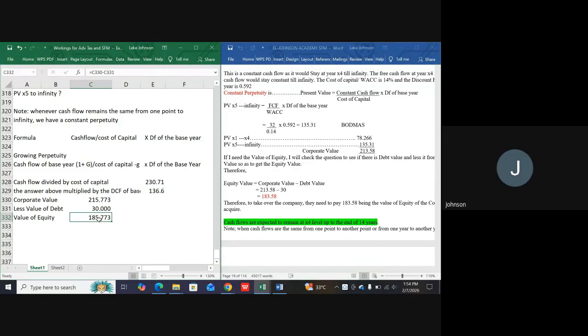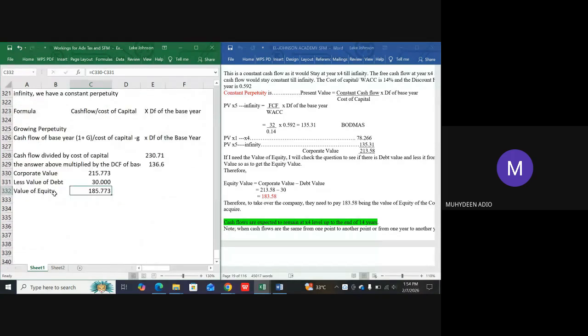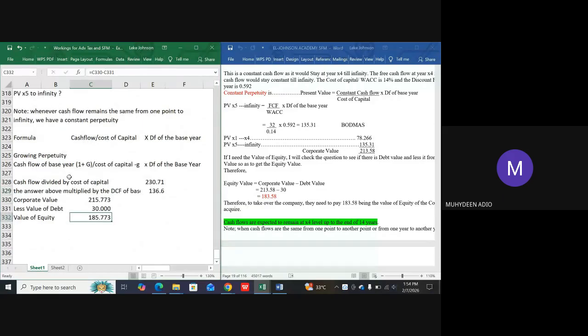Okay, are you just on the call? No, sir. Okay. So you say cash flow divided by what? That's from after the formula of a growing perpetuity. So after this formula of a growing perpetuity, or the calculation under cash flow divided by cost of capital, which is 0.14.